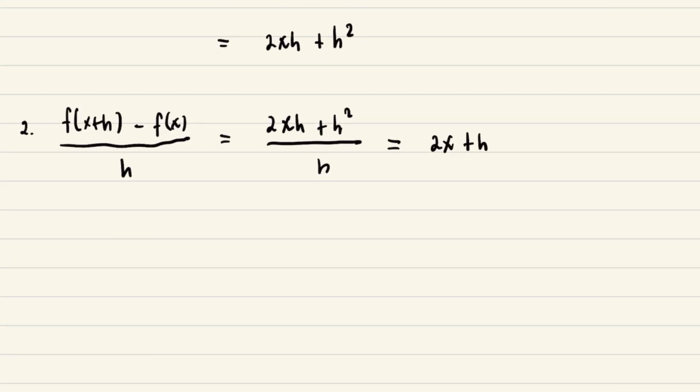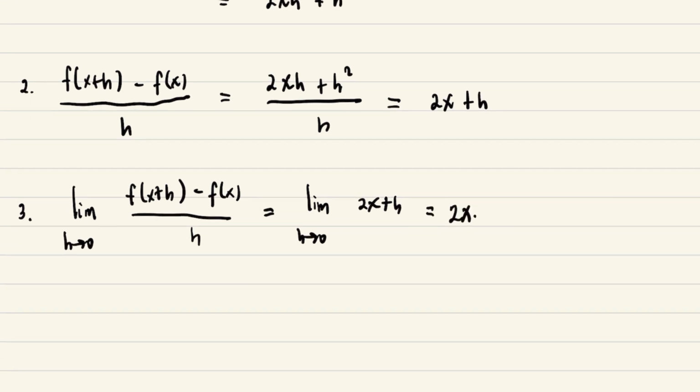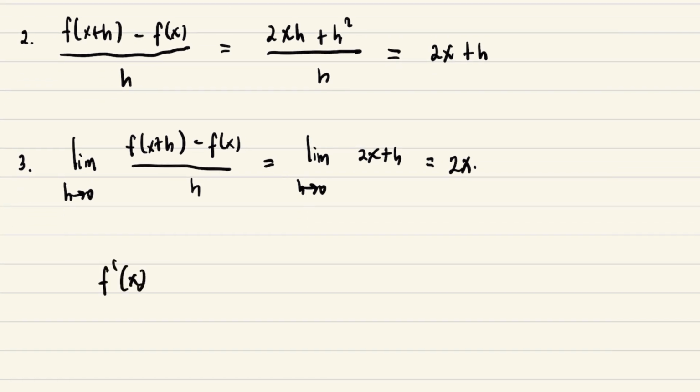Lastly, we take the limit of this expression as h approaches 0. We get the limit of 2x plus h as h approaches 0. In this case, the variable is h, so we have 2x. Therefore, the derivative of x squared is 2x.